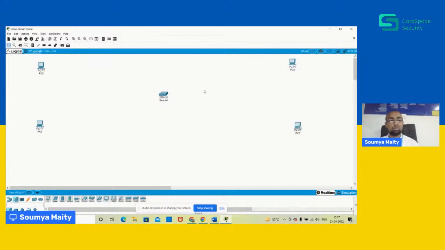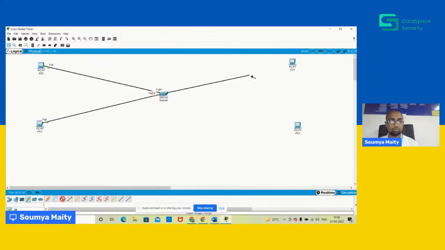Okay, so there are two PCs. We also have to take connections, a copper straight-through cable. So there is a VLAN also.